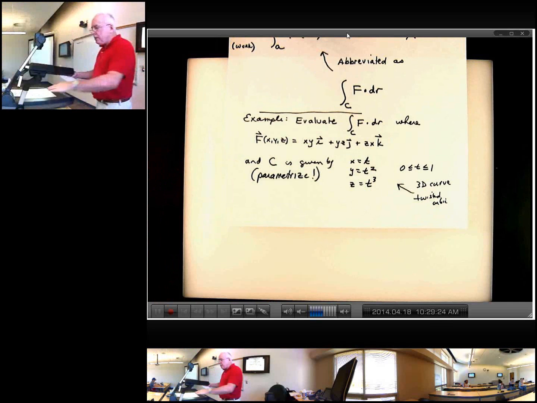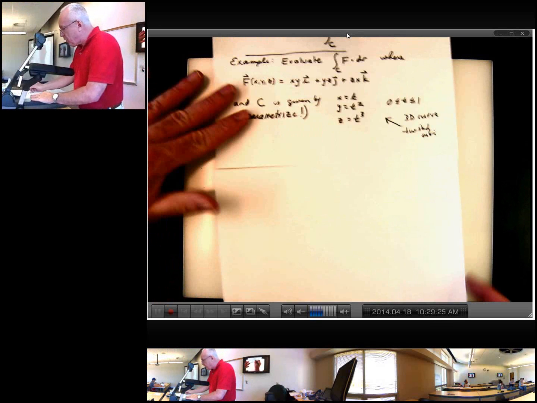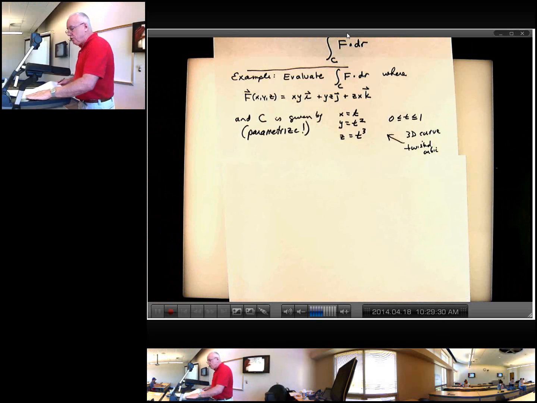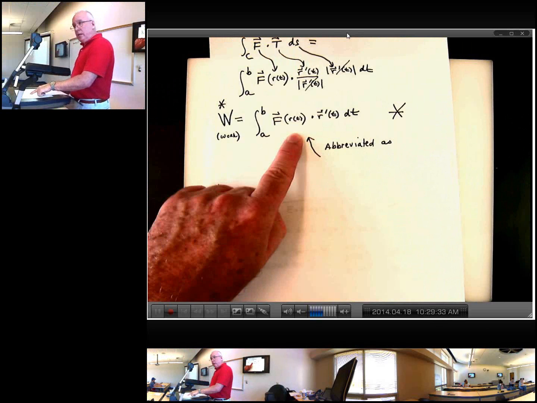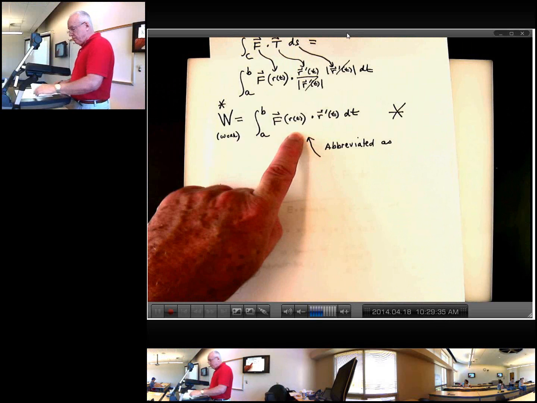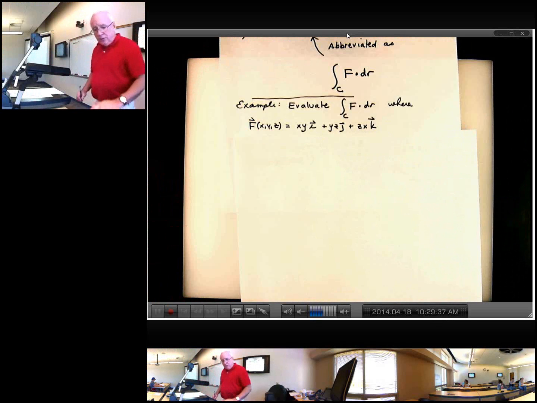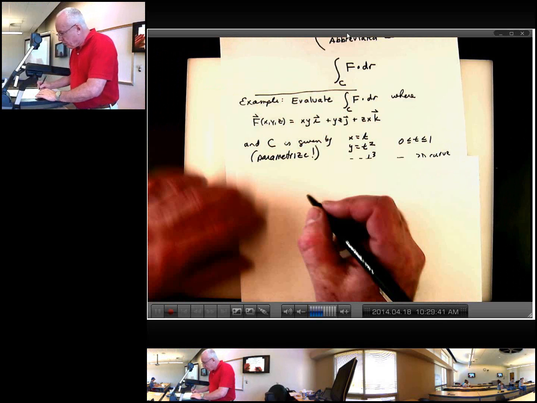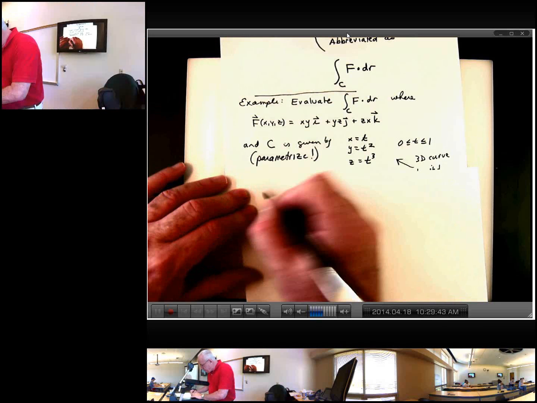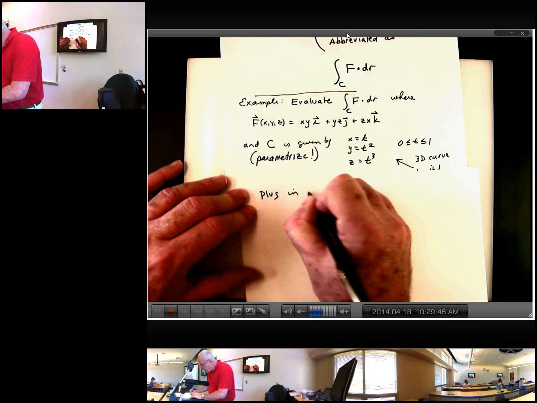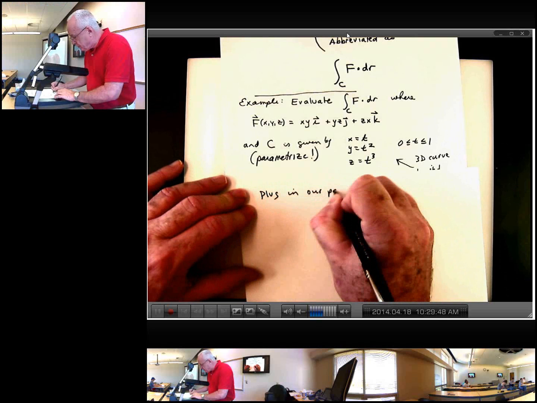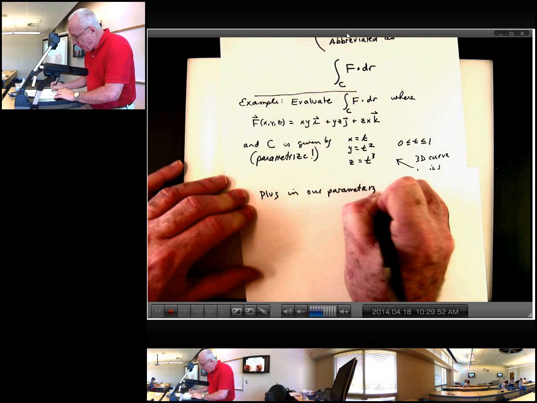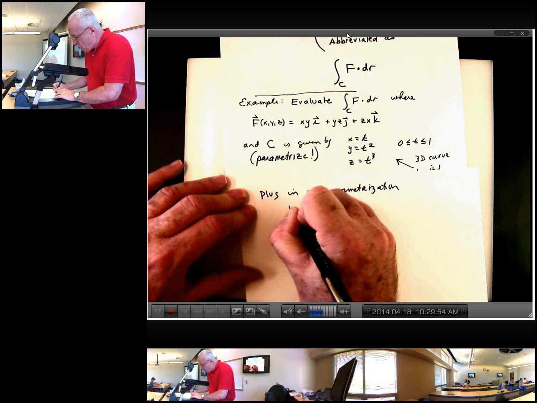All right. Now, let's work this. Remember, when you see something that says evaluate this F dot dr, what it's really telling you to do is this thing right here. That's what it means. So first of all, we need to plug our parameterization into our force function.